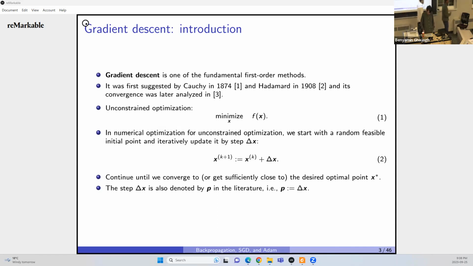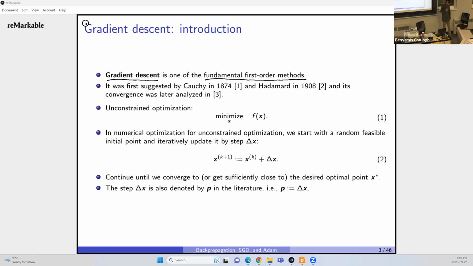And so we need to talk about gradient descent a bit. Gradient descent is one of the fundamental first order methods. Do you remember we talked about this? When I have an unconstrained optimization problem, I take the derivative, then set it to 0. Hopefully you can find a closed form solution. If not, you need to use numerical computation and do it iteratively.